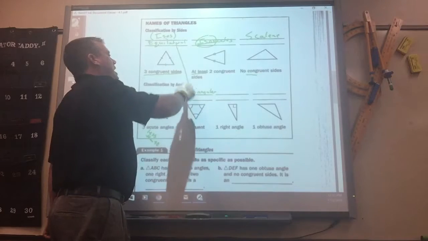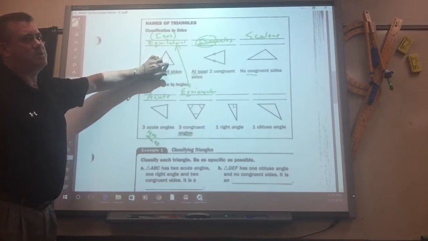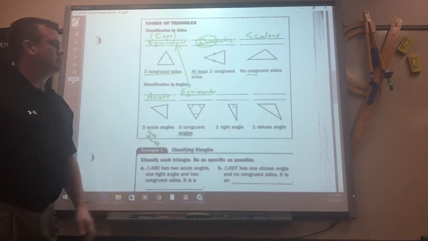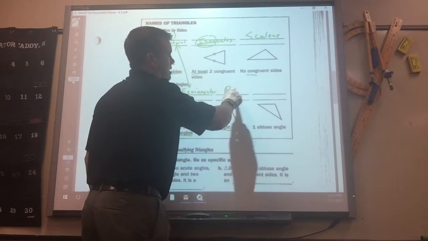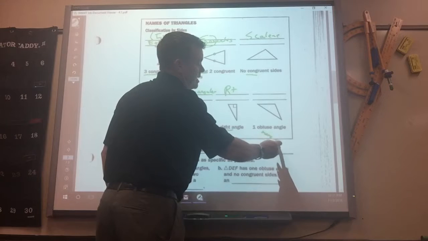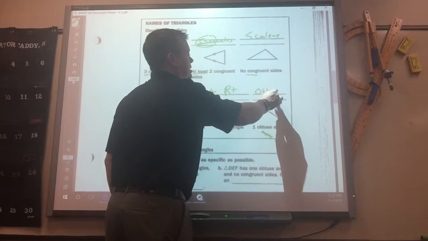Equiangular and equilateral will be the same because if 3 sides are the same, the angles have to be the same. And if 3 angles are the same, the sides have to be the same. 1 right angle is right. Obtuse is more than 90, less than 180. So that's an obtuse triangle.